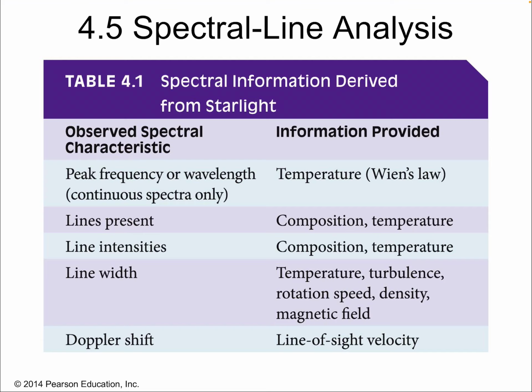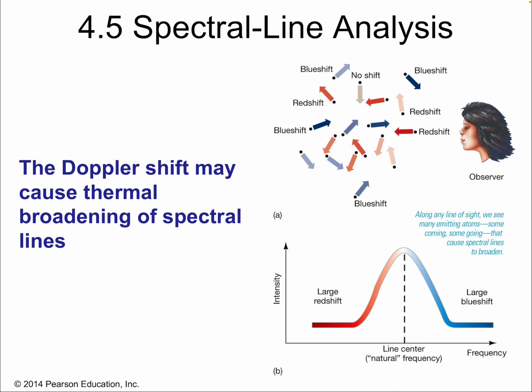Line broadening can be due to temperature, because of the Doppler shift of all those individual atoms: some are moving away from us, some are moving towards us, so the red parts become redder and the blue parts become bluer, and the overall effect is that the continuous spectrum spreads out and becomes broader.